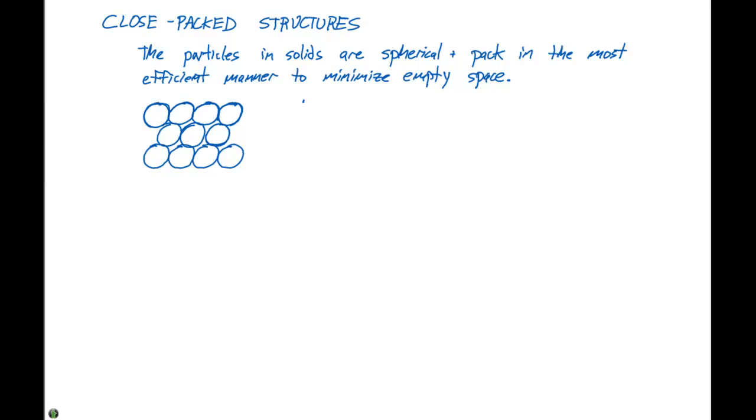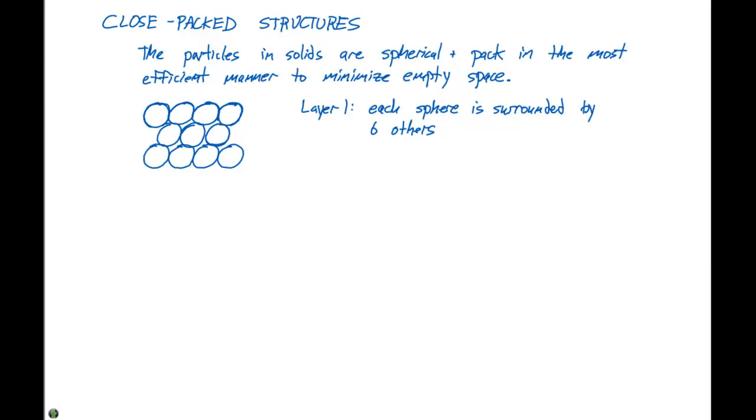And in layer 1, each sphere is surrounded by 6 others. And since we're looking at metals here, in each case we have the same metal.